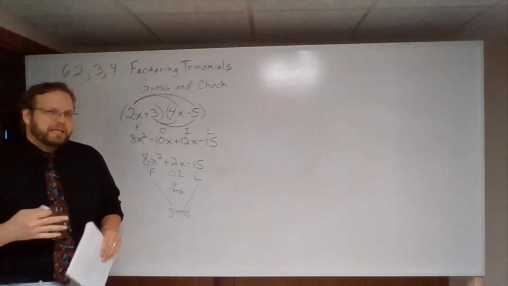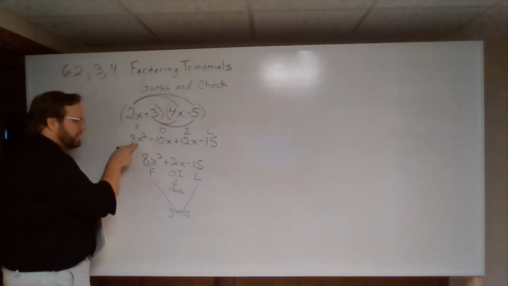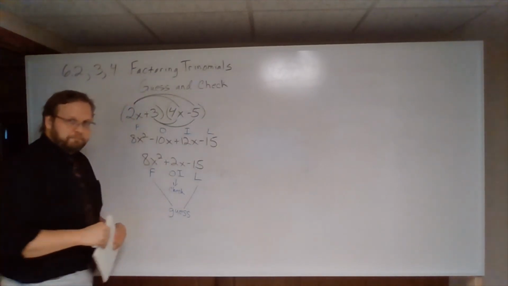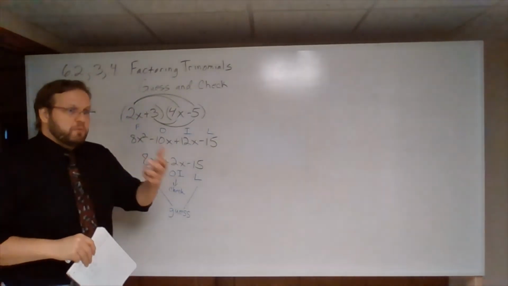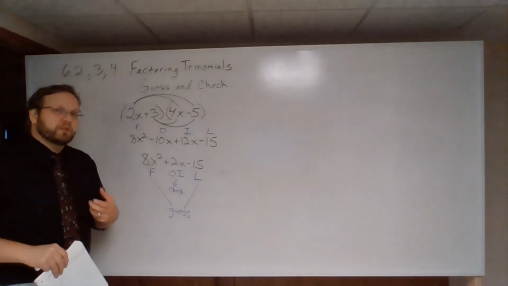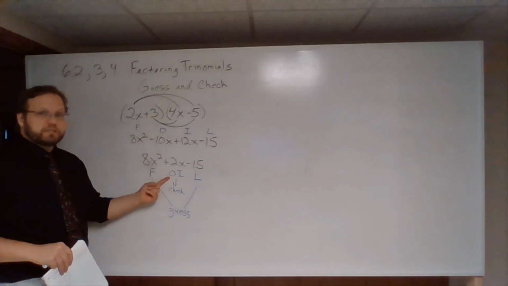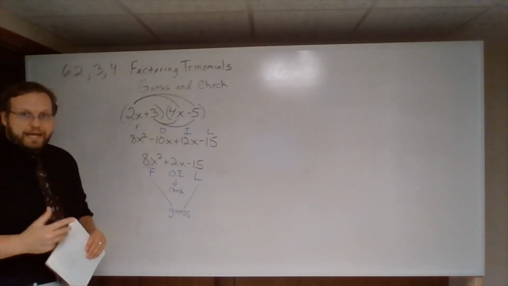You're not exactly picking random numbers. You're picking numbers that specifically will multiply to this and multiply to that. Okay. However, you're guessing from a few options, and we need to find the right option and the right combination that will give us this as well. Okay, so that's pretty much the idea that we're going after.